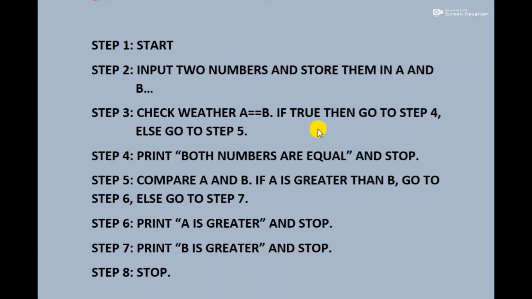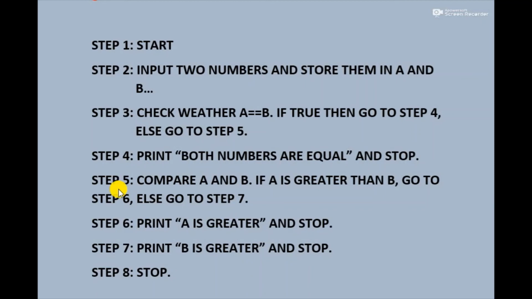That means if both numbers are equal, the output of this problem will be both numbers are equal. But if A is not equal to B, else go to step 5. That means if these numbers are not equal, then step 5 will be executed.